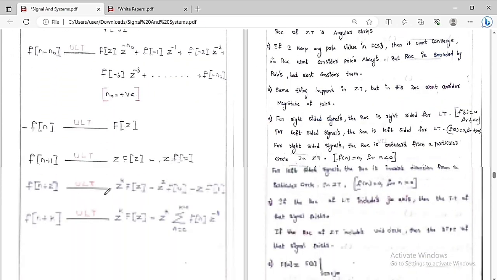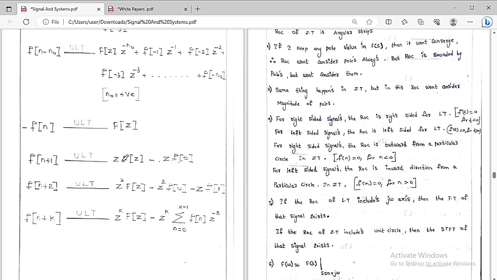So now let's go for the unilateral Z transform. F of n means the unilateral Z transform is F of z. So for f of n plus 1, the unilateral Z transform is z into F of z minus z into f of 0.